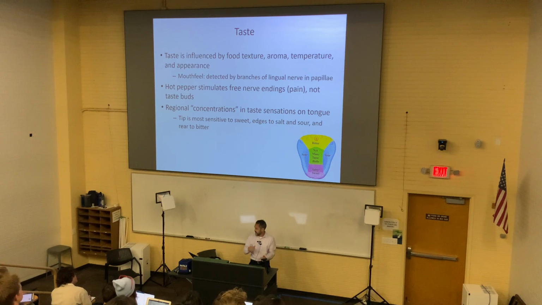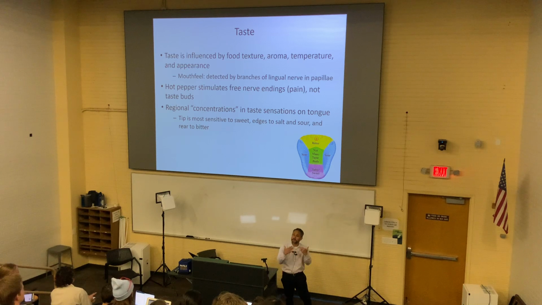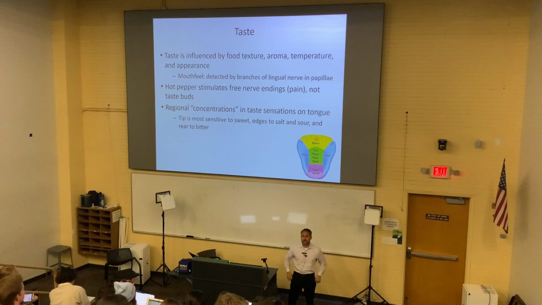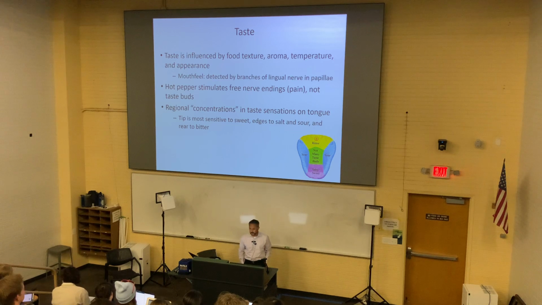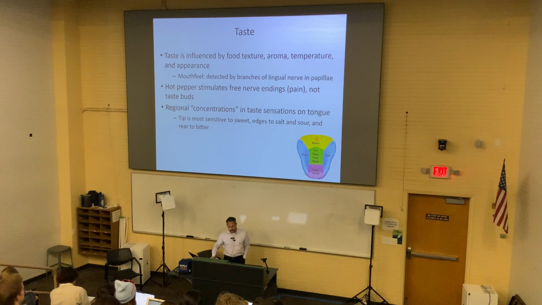You're eating, you look over and you're like, oh, all right, you've got food coming out, and you're like, okay, maybe that was too much. So we get some social cues, but even still with infants, they're only going to put in so much food in their mouth because of this mechanical sensory feedback from branches of the lingual nerve that are found within the papilla themselves.